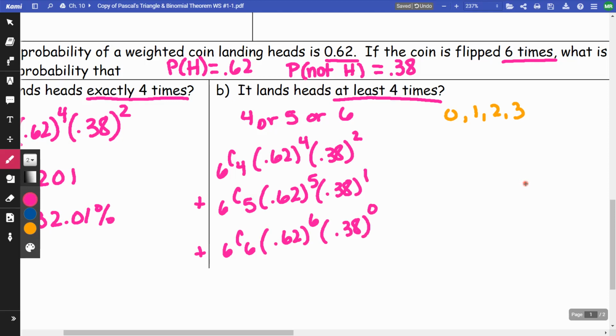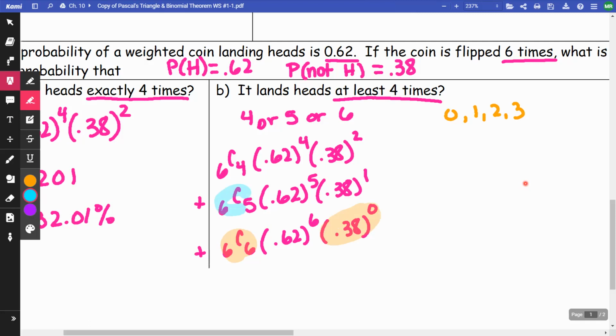I'm going to put this into my calculator. A couple of things to remember: the 0.62 to the 6th is just a fancy one, and this also is just a fancy one, so I don't need to put that in.